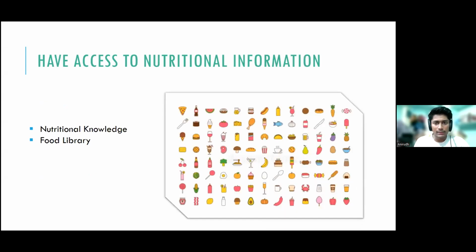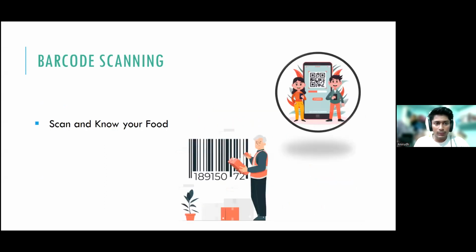And the next requirement is having access to data information. The user should have an idea of what foods he can take to set his goals, and it consists of a library of different foods. And the next requirement is barcode scanning.